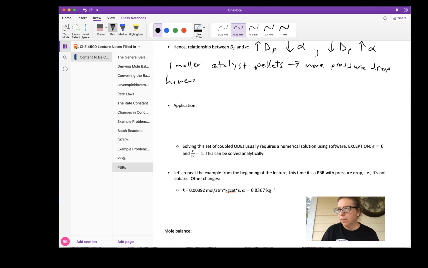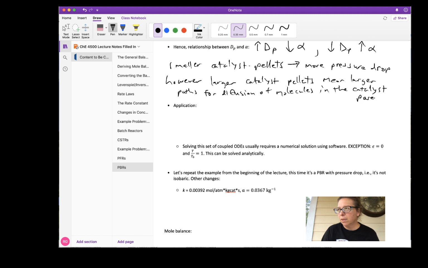However, larger catalyst pellets mean larger paths for diffusion of molecules inside the catalyst pores, and this can impede the reaction rate. And we'll get into that more later in the class.